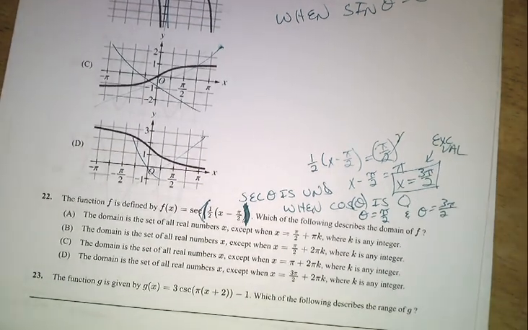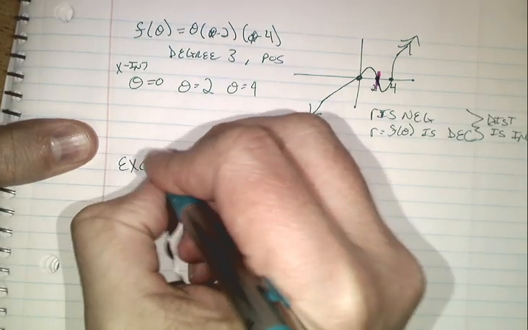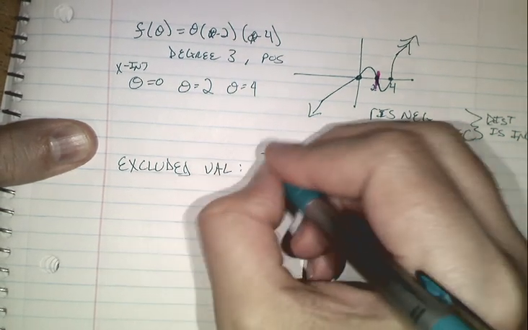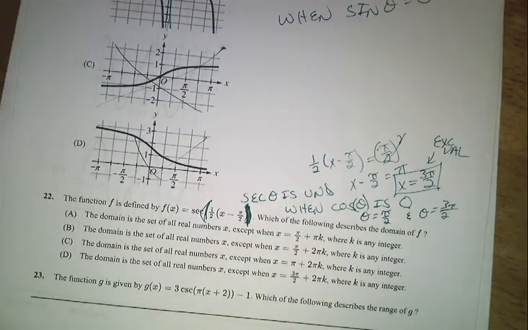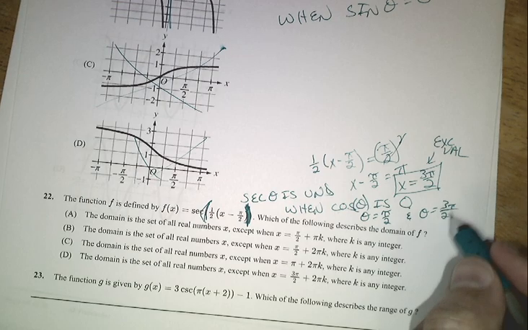And now we need one more excluded value, but I'm running out of room. So we already found one excluded value, 3 pi over 2. We need the other one, and that is when everything inside this equation is equal to 3 pi over 2.